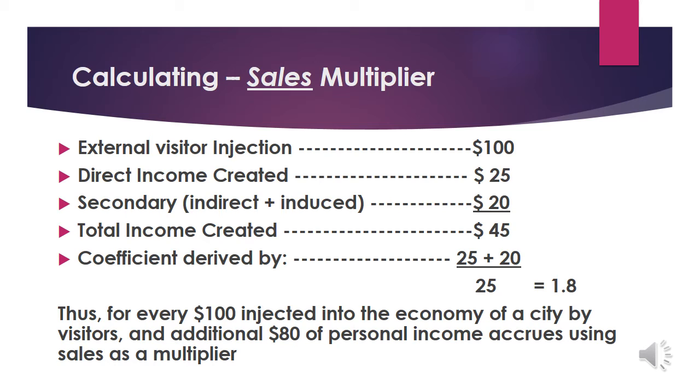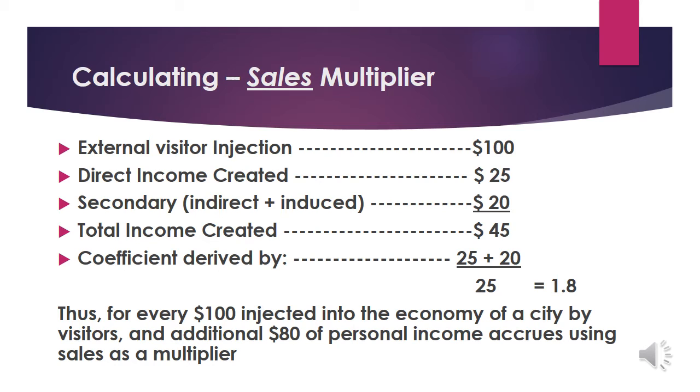Imagine there's an external visitor injection of $100 to the local community. Allegedly, the direct income created is $25. The secondary impact, which is the indirect plus the induced money, approximately $20. Therefore, the total income created based on that event or the facility is approximately $45.